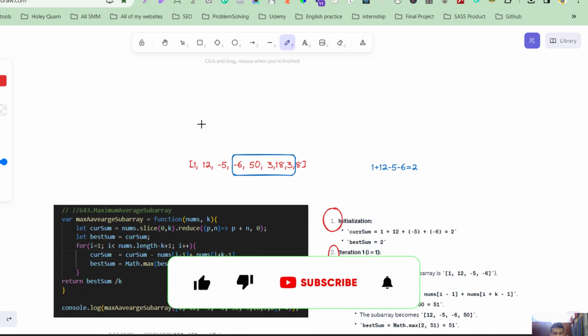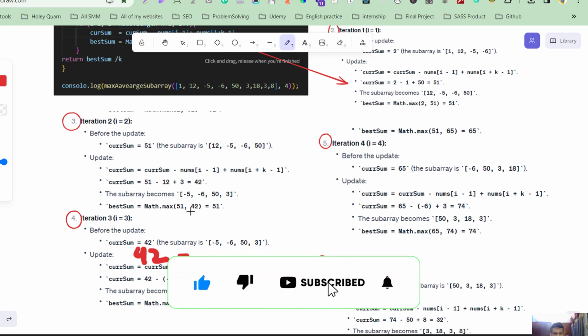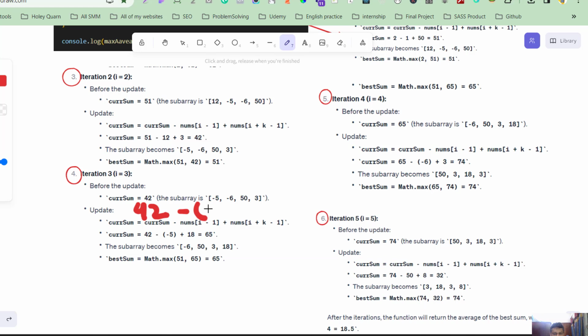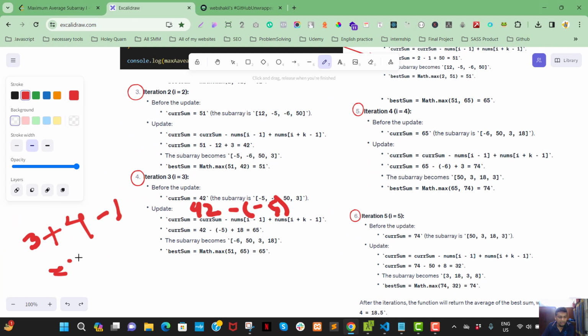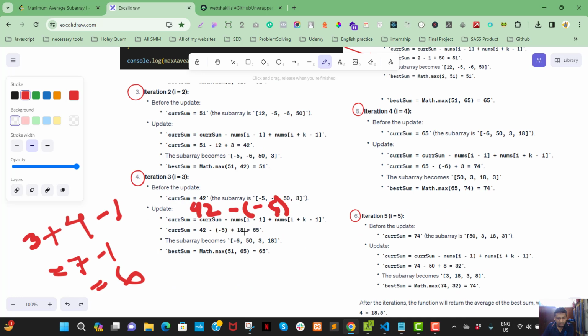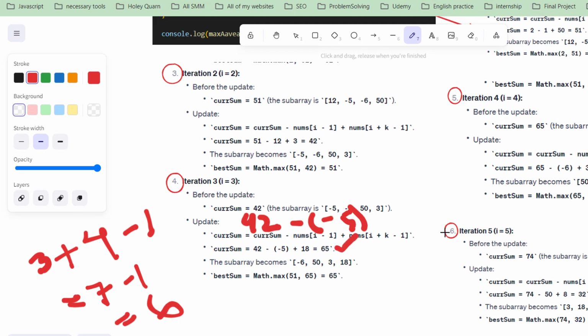So what is position 2? 0, 1, 2. -5 will be here. Okay, it will be -5. And what will be here? nums[i] means 3 plus k, k means 4 minus 1. So 7 minus 1 equal to 6. So it is in the 6th position. 0, 1, 2, 3, 4, 5, 6: 18. 18 will be minus, plus. You see, exactly the same thing is happening over here.